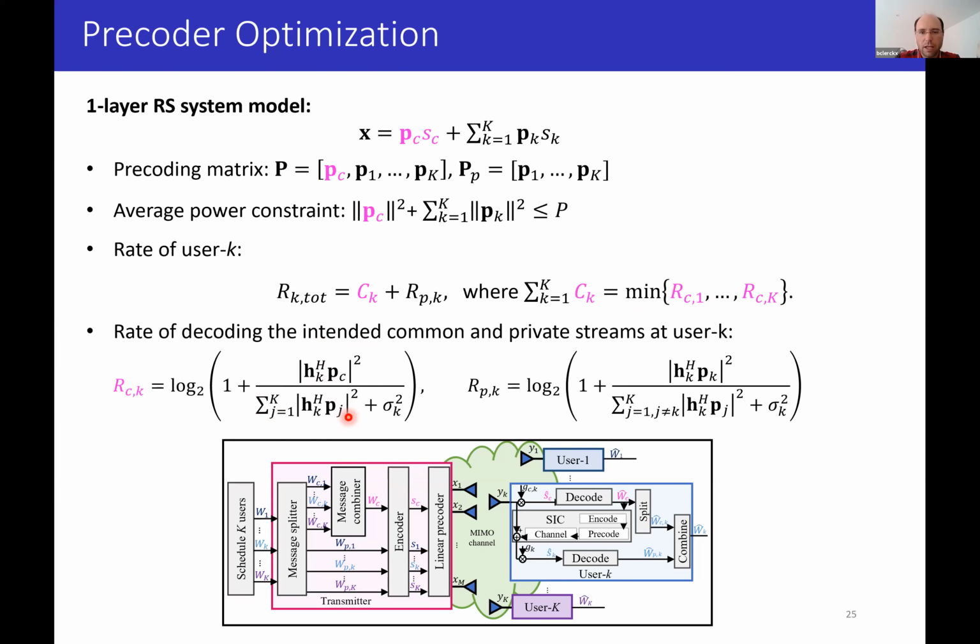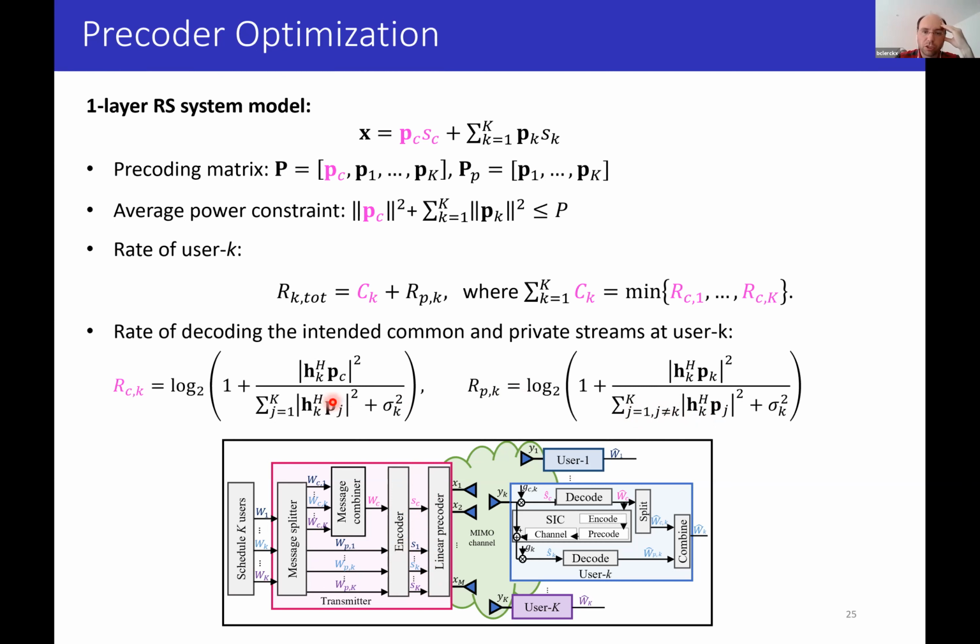So that's the rate at which user K could decode the common stream. User K can then decode its private stream by removing the common stream. If it removes the common stream, the only interference that user K will see is the interference coming from the private streams. So user K here will still see interference from S1 all the way to SK, with J different from K, that is, different from its own private stream.